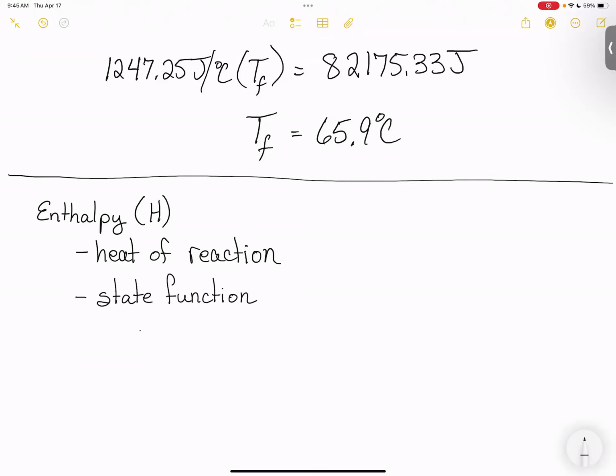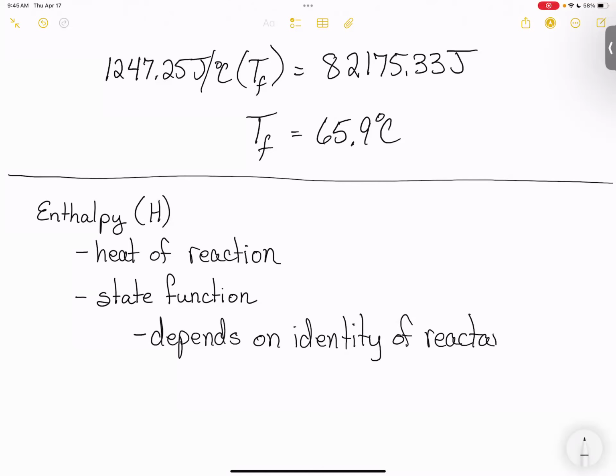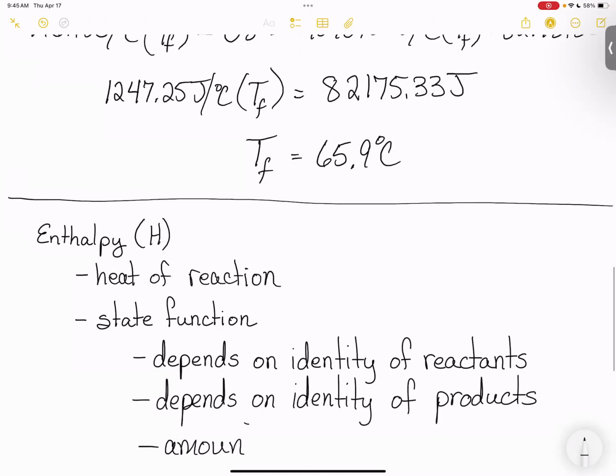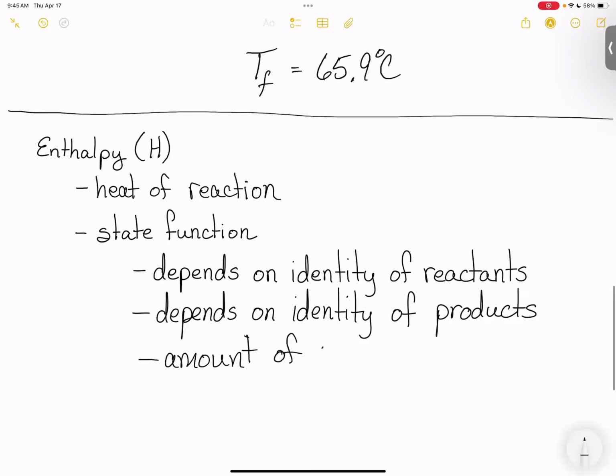Basically, state functions depend upon the identity of the reactants, the identity of the products, and the amount of reactant and product.